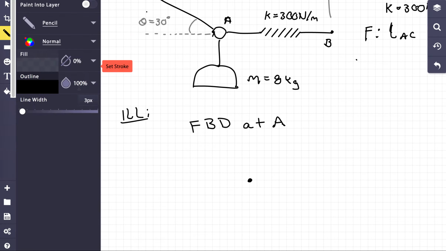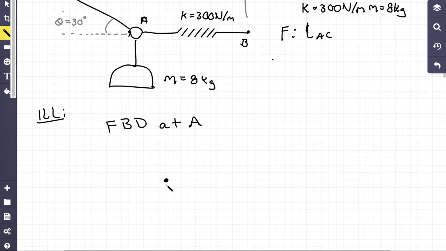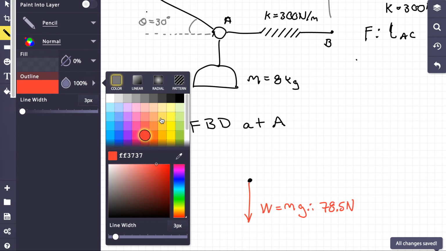I'm going to put this in colors, and we're going to put the weight going vertical down. The weight is equal to mg, and we're going to use 9.8 for this, and the weight is approximately 78.5 newtons.